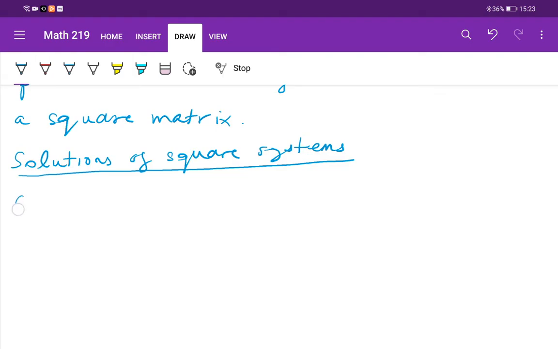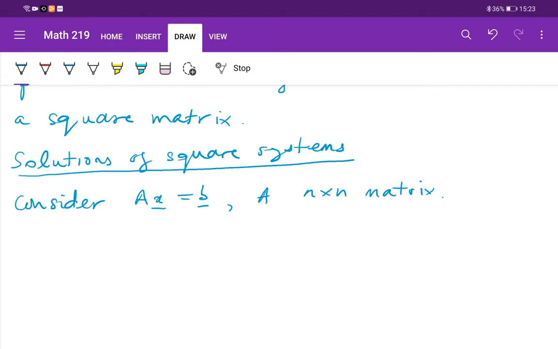So consider Ax = b. We have a system of equations, Ax = b, where A is an n by n matrix.